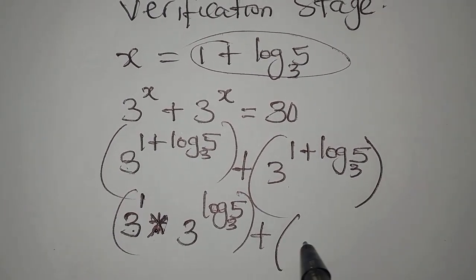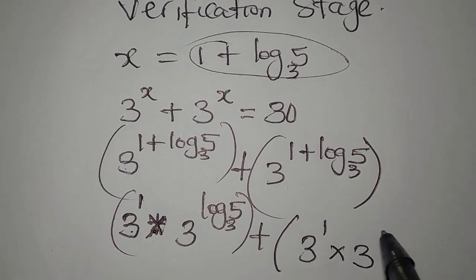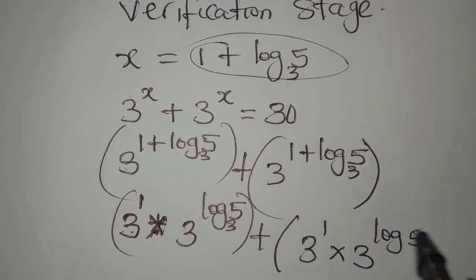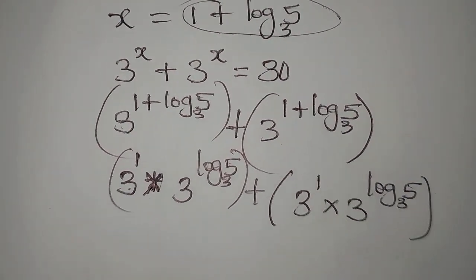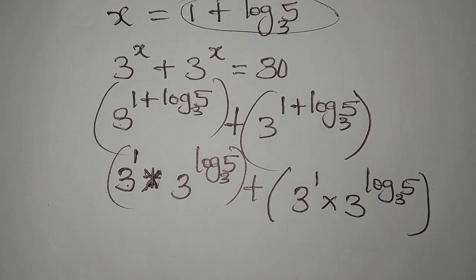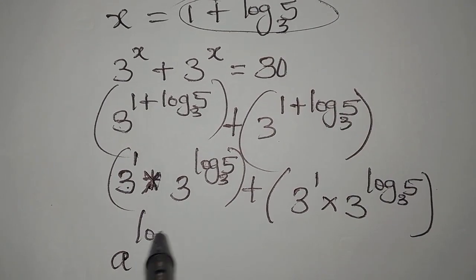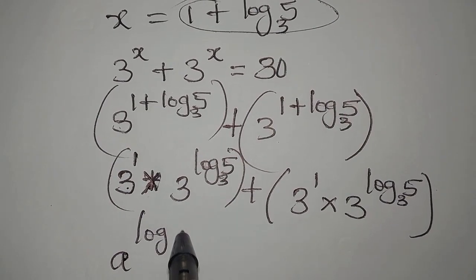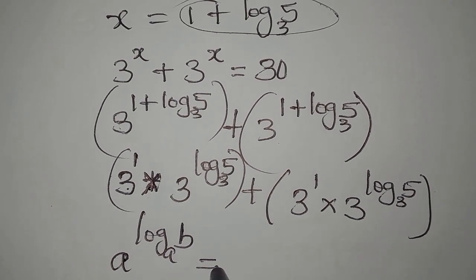Plus, open bracket again, 3 to the power of 1 times the same thing, 3 to the power of log 5 to base 3. Now we're going to apply this law, and I expect you to know it, that a to the power of log b to base a is equal to b.